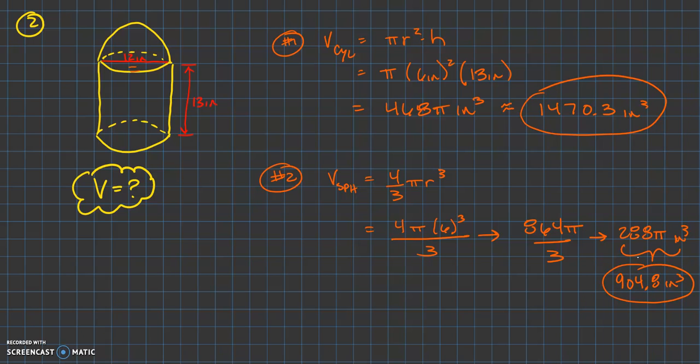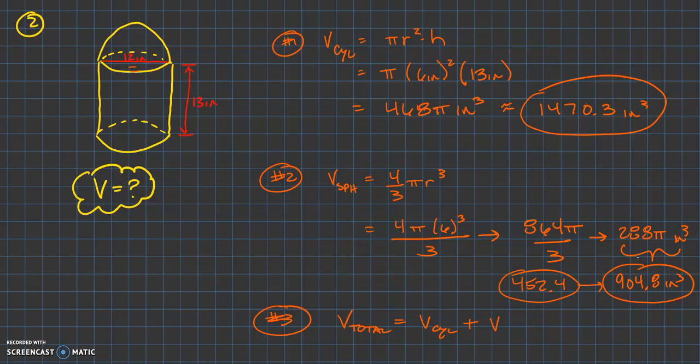All right, so if we want to do the total volume, which is what we are looking for, I can say volume of total equals the volume of the cylinder plus, oh, we've got to be careful here. What is this? That's the volume of a sphere. And so we want to divide that by 2. If we divide this by 2, for the hemisphere, it's 452.4, and that's the number we want to use.